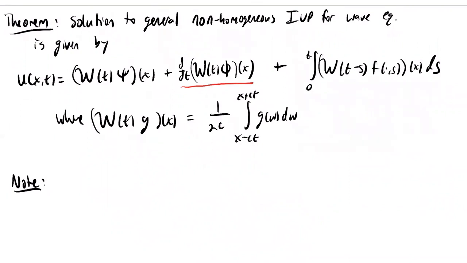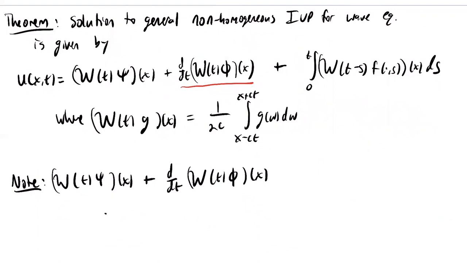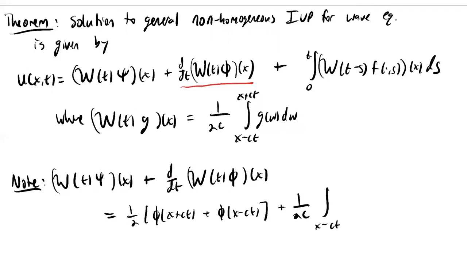I claim that the first two terms are just the D'Alembert formula. If you look at the wave operator at t applied to psi at x, plus the time derivative of the wave operator applied to phi at x, this is equal to 1/2 of phi of x plus ct plus phi of x minus ct, plus 1 over 2c times the integral from x minus ct to x plus ct of psi of w dw.